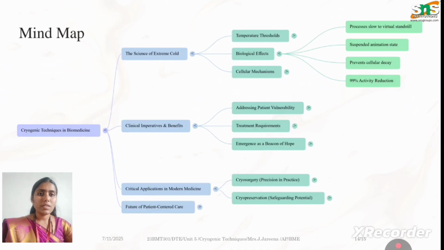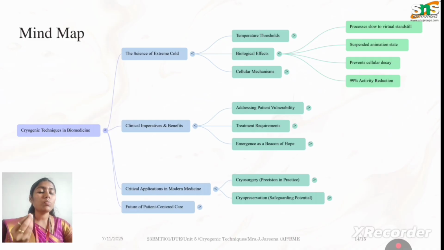Finally, this is the summary and overview of this topic. First we discussed what cryogenic techniques are, followed by the patient perspective and the clinical perspective on why cryogenic techniques are so important.